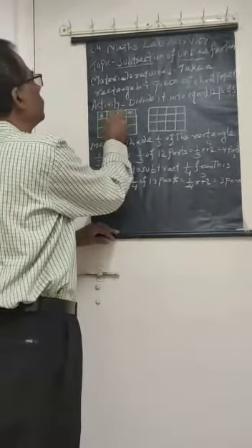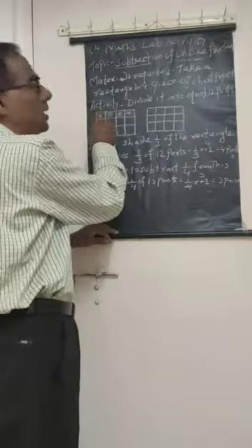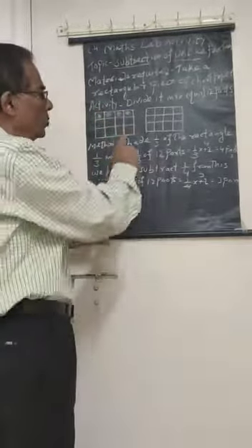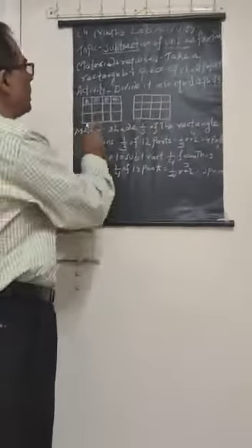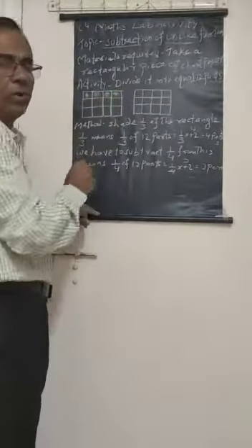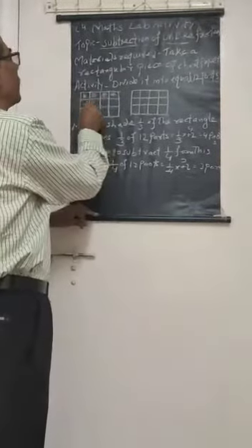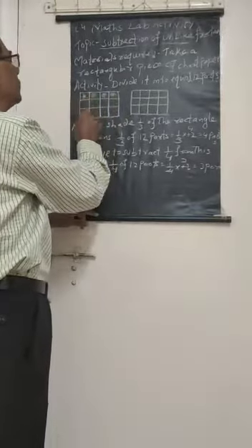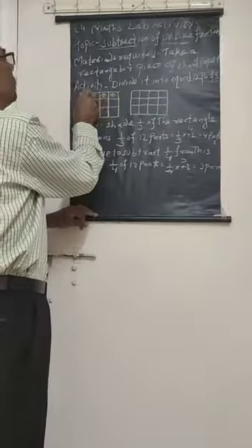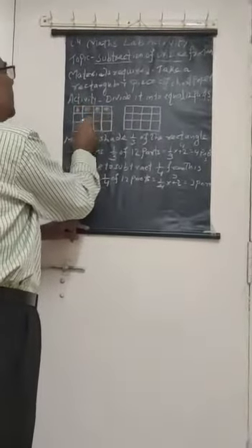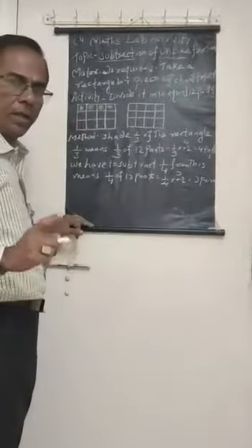So this is 4 centimeter, 1 2 3 4, and here 3 centimeter. Like this you draw the rectangle, divided into equal 12 parts. Take the scale, 1 centimeter each, 1 2 3 4, 1 2 3. So this is 12 parts. Count it, 1 2 3 4 5 6 7 8 9 10 11 12.